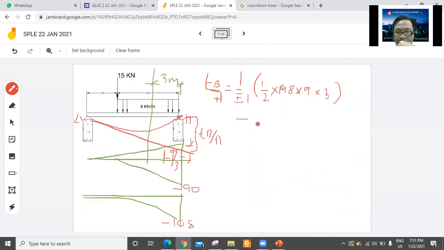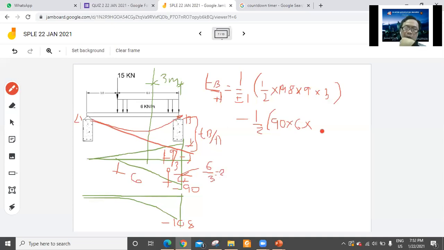Negative 1/2 of 90, 90 times, what is this distance? This distance is 6, times 6 times the centroid, which is coming here, 6 over 3, or 2.